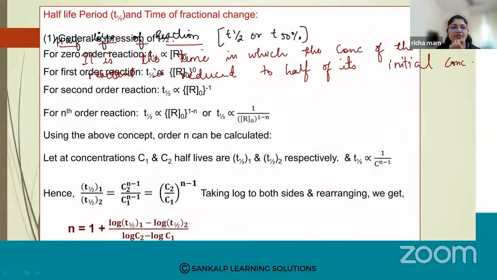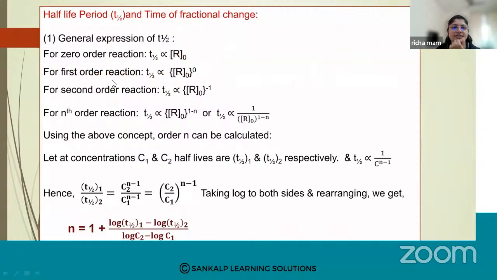We are going to discuss how the half-life period is given for zero order and first order. First we will see how the expression is given for zero order. So let us consider case one: half-life period for a zero order reaction.